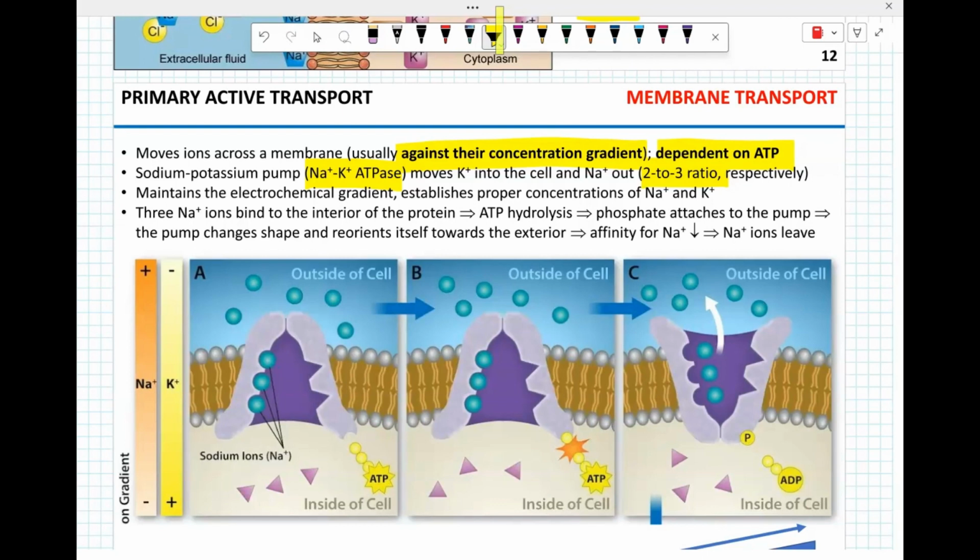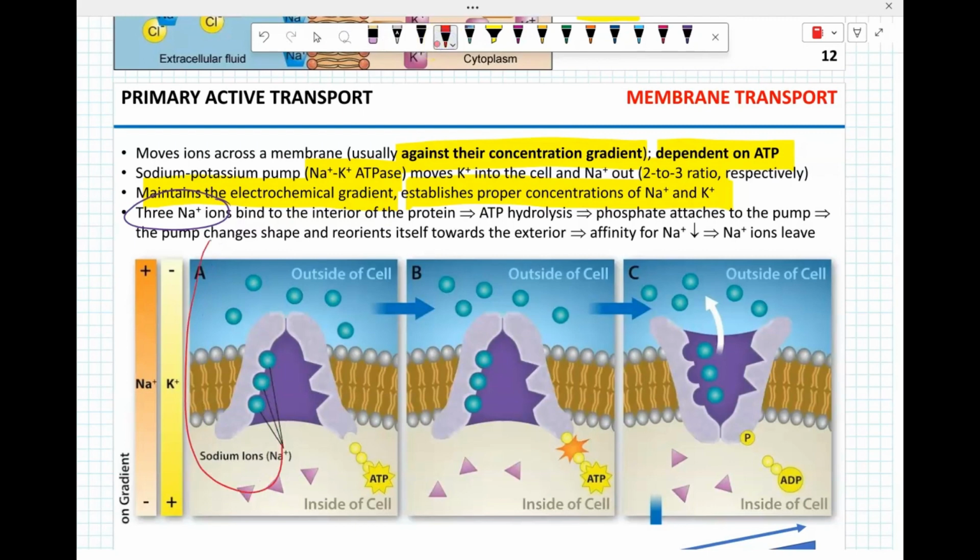This is a very important protein in human cells since it maintains the electrochemical gradient across the membrane and establishes and maintains proper concentrations of potassium and sodium on both sides of the membrane. So it all starts with 3 sodium ions binding to the interior part of the protein.